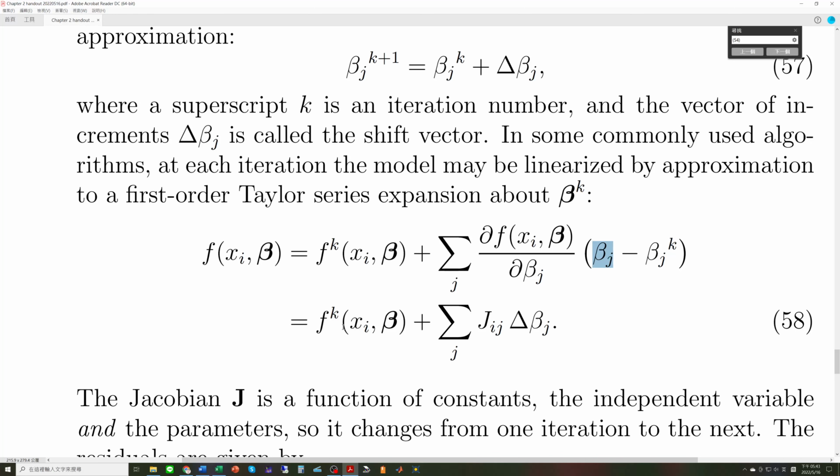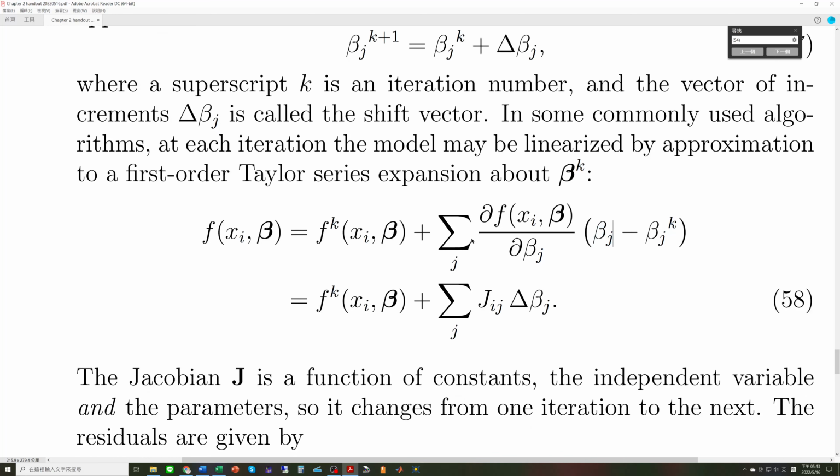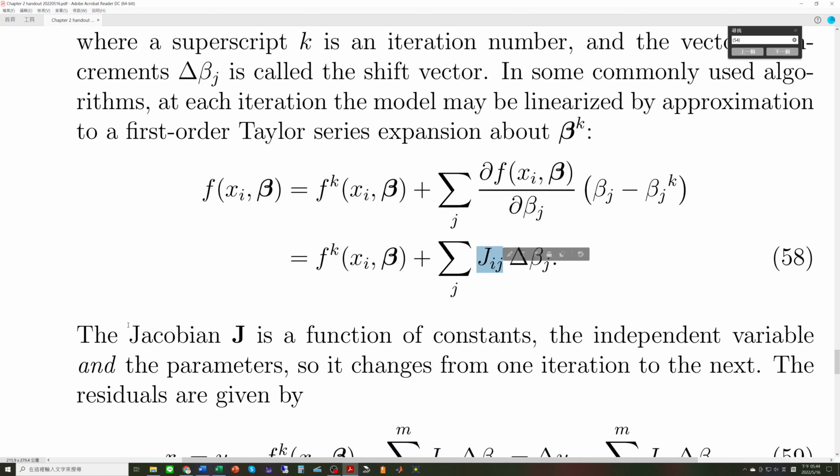We can denote this term by capital Jij. So the Jacobian J, which is bold capital J, is a matrix with ij entry being equal to capital Jij.